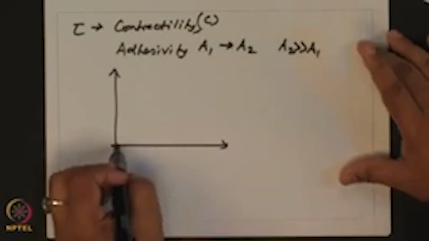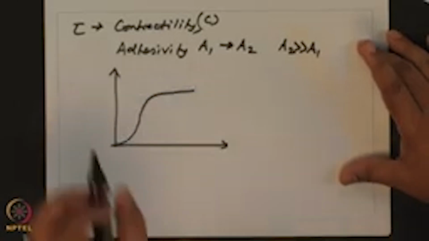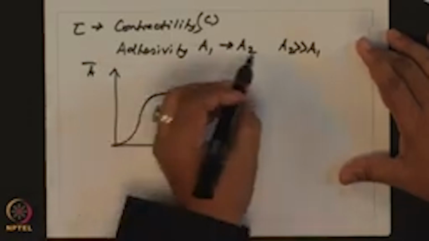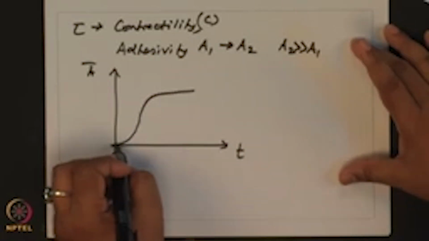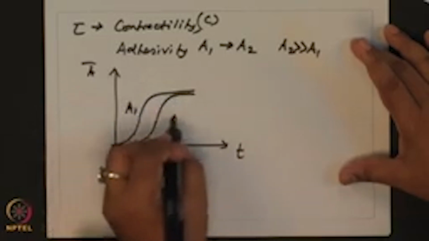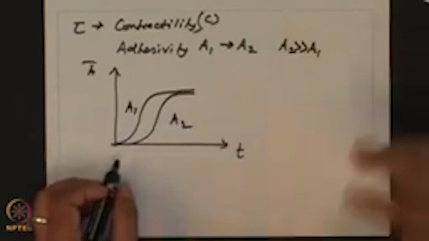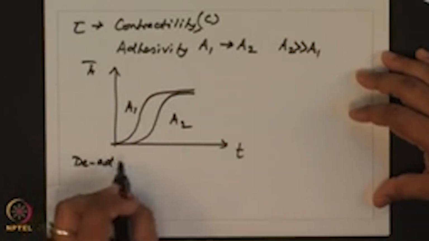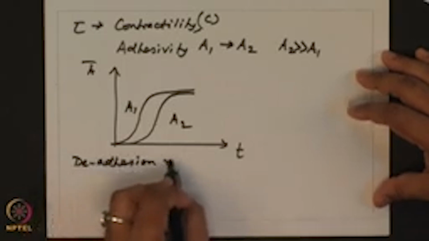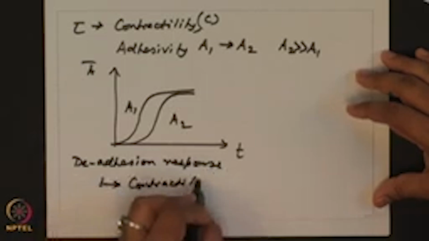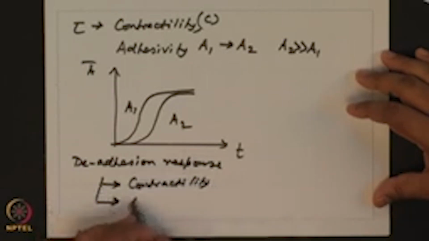If this is the de-adhesion profile for a given cell with A1, as you make it A2, you will see this de-adhesion will be delayed. So, this is for the value of A1, this is for the value of A2. In other words, the de-adhesion response is not only dictated by contractility, but also dictated by adhesivity.